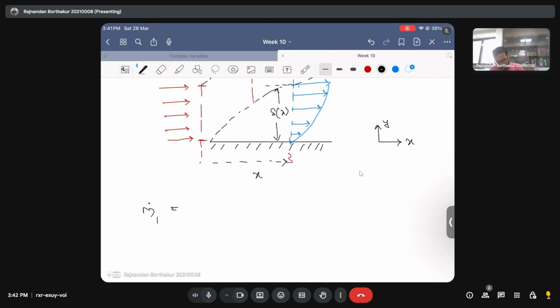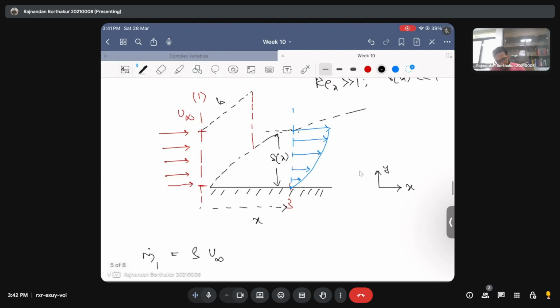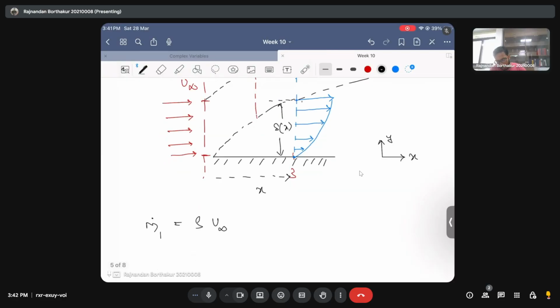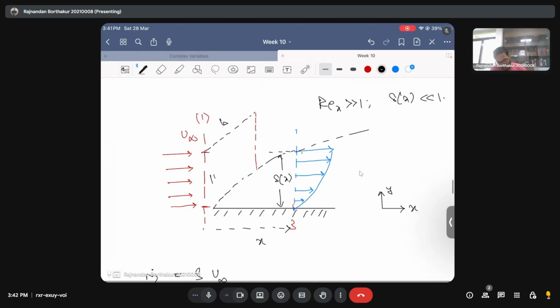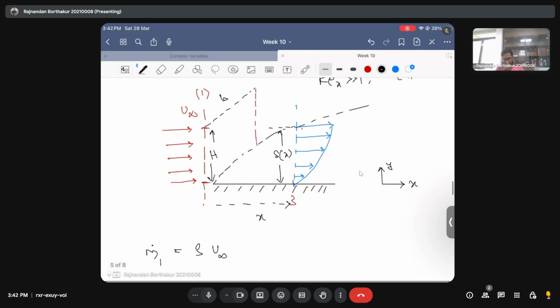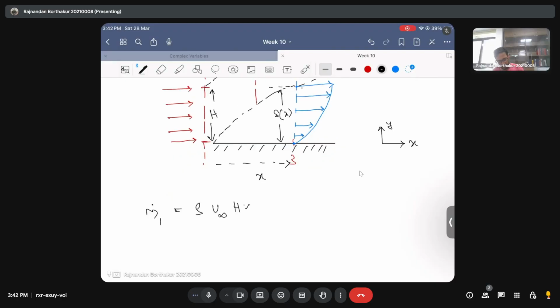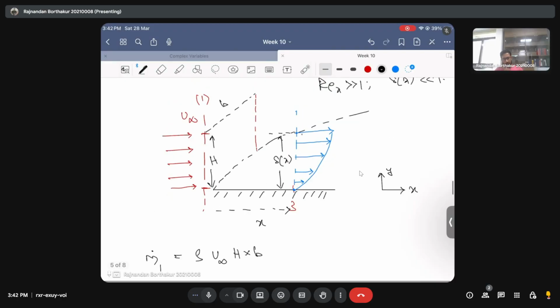This is equal to the density times u infinity, and let me call this height h, and this is b. Okay, fine.